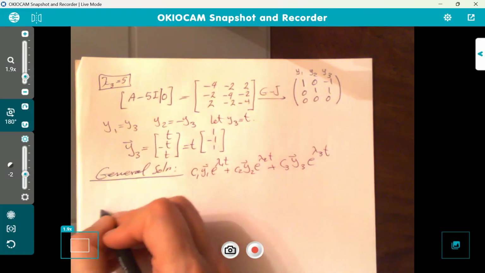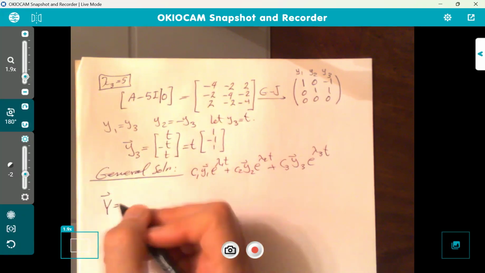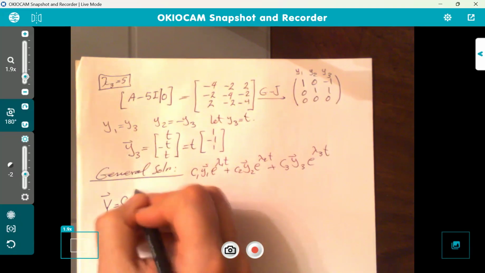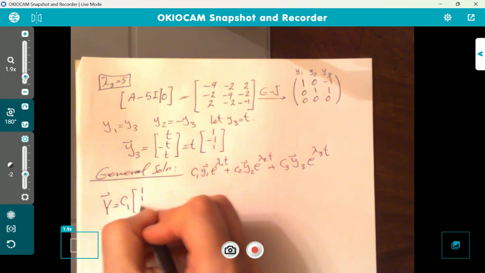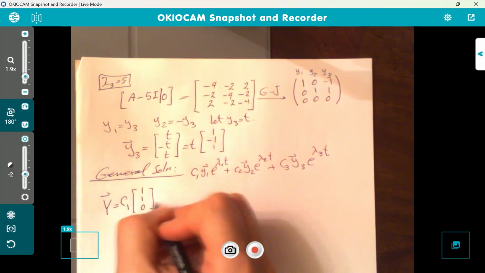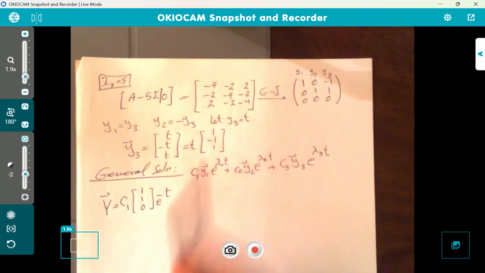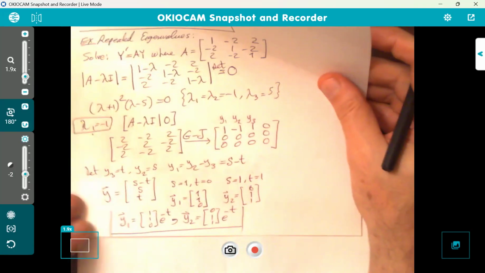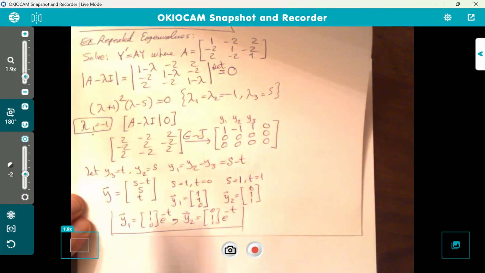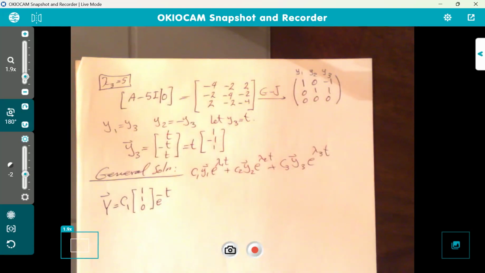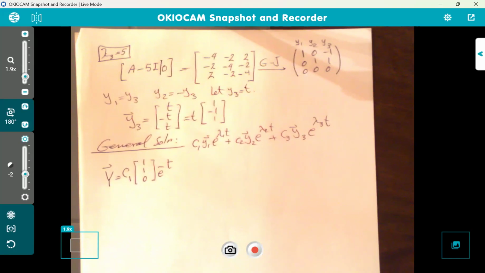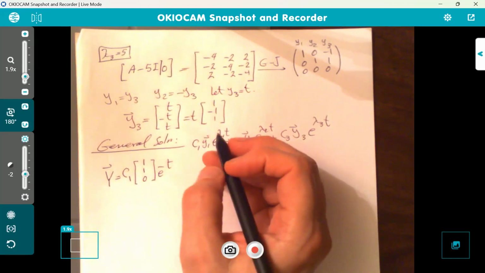So let's write this. Therefore, our solution to the whole thing is C1, 1, 1, 0, e to negative t. Remember, that was from earlier, right? A few minutes ago. There, this one. Remember, I have two solutions already. So I'm just writing the whole general solution for all eigenvalues.